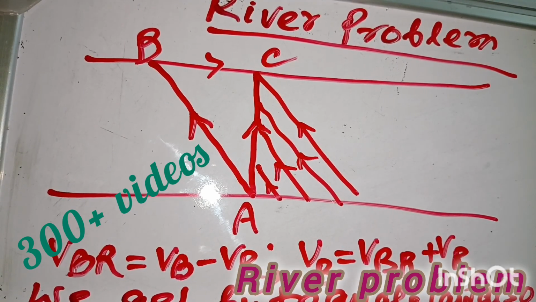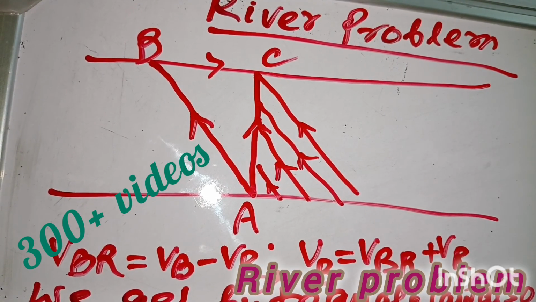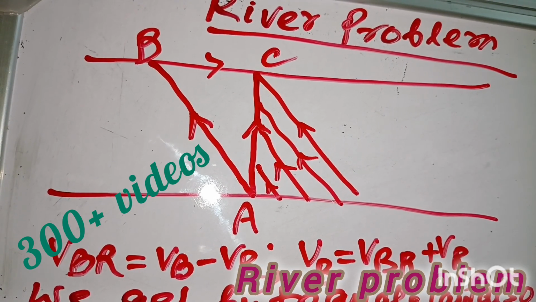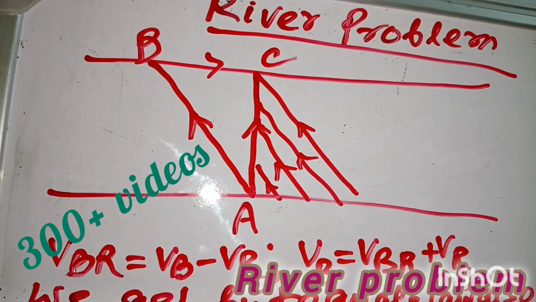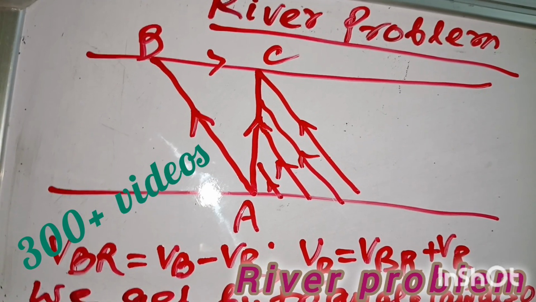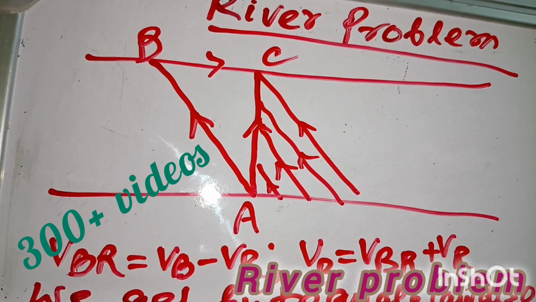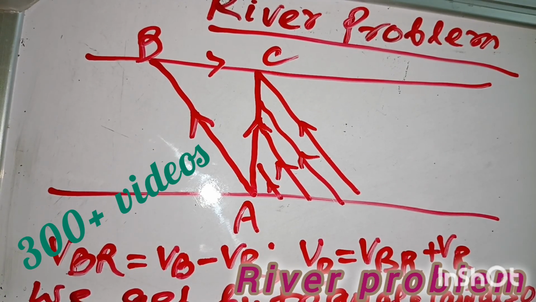And if it actually moves towards B, then there is a river velocity towards BC. River will push it and send it to the point C, so that although he started with velocity towards AB, he ended up with velocity AC.